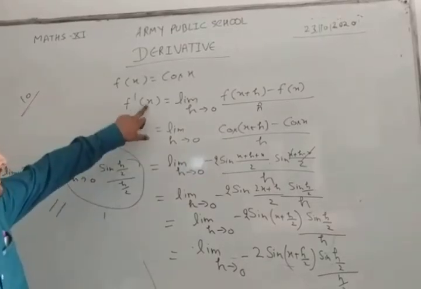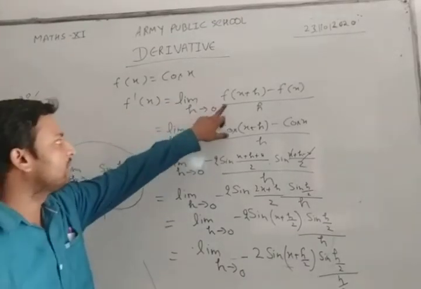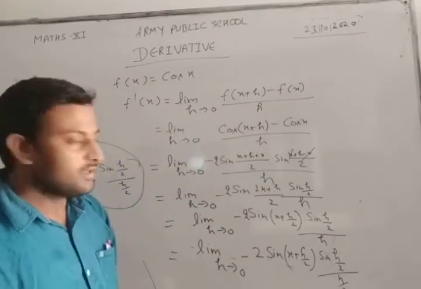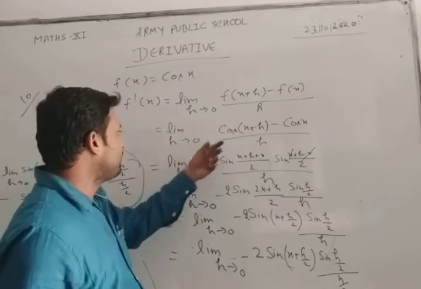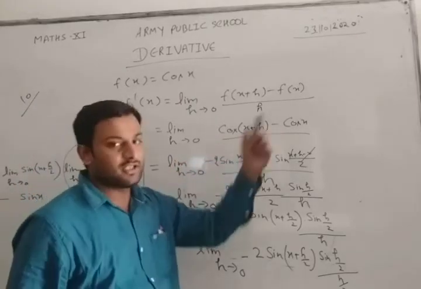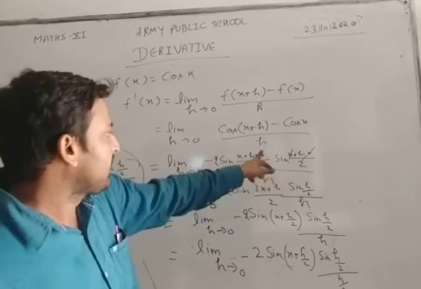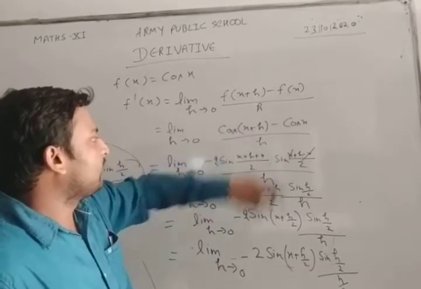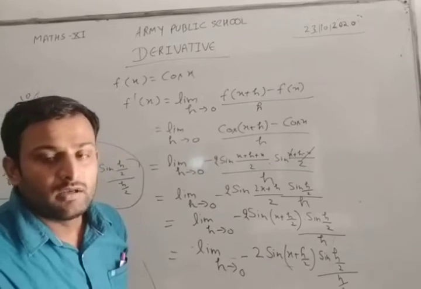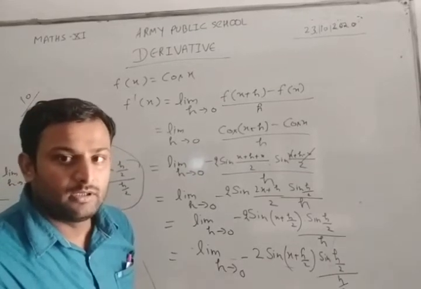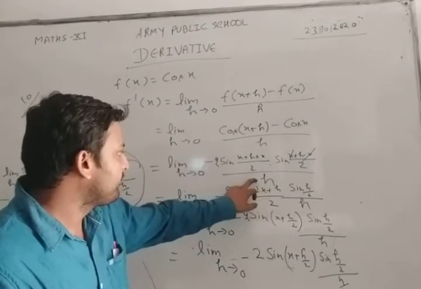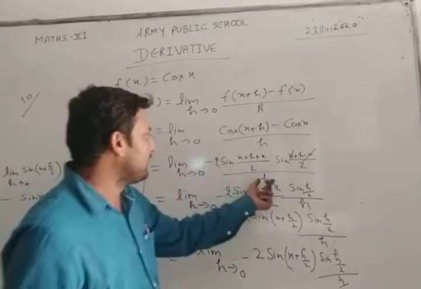What we have done: we have taken f'(x) equal to limit h tends to 0, f(x+h) minus f(x) by h. So the function is cos(x+h) minus cos x by h. We know the formula cos C minus cos D equals minus 2 sin (C+D)/2 into sin (C-D)/2, so we apply it, divided by h.